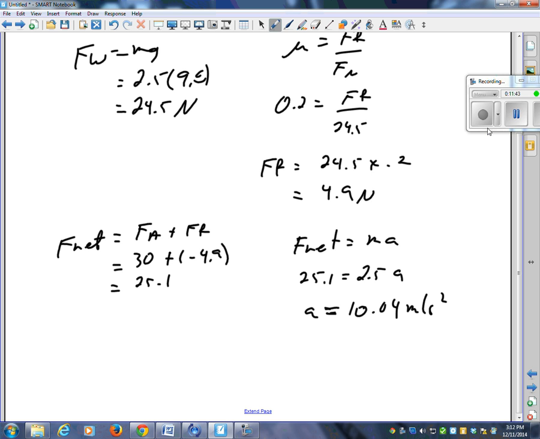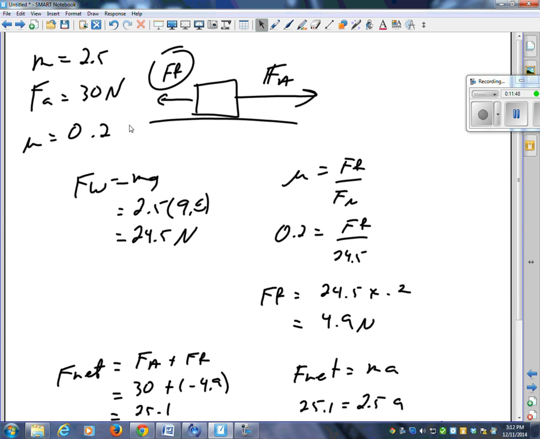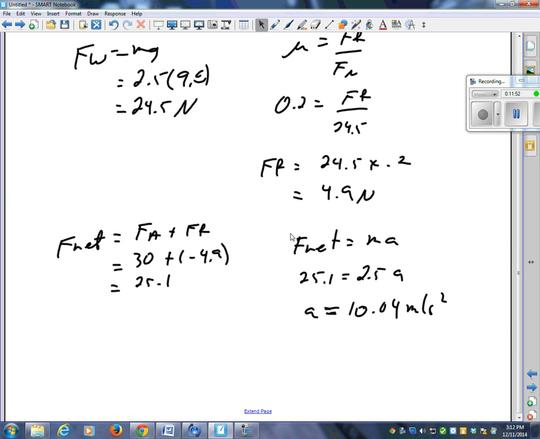So we got 10.04 as the acceleration, but the question actually asks how far it moves after 4 seconds. There's quite a bit more to do there. a equals delta v over delta t.